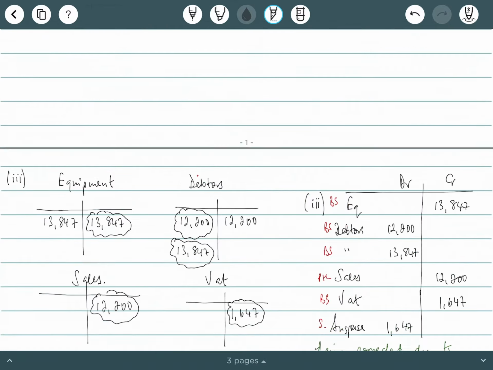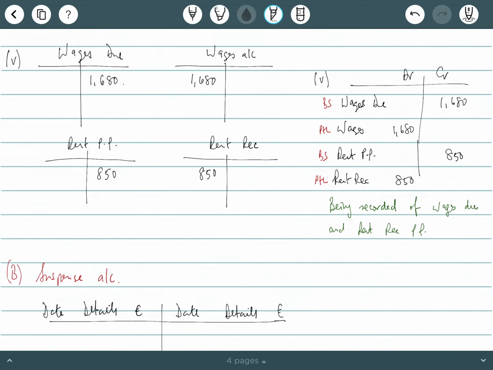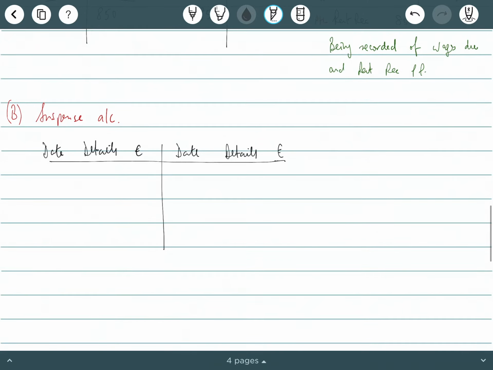So let's go down here. It was to do with sales, so I can put in here, let's do with your debtors. Sales was working 2 and the figure was 1,800.